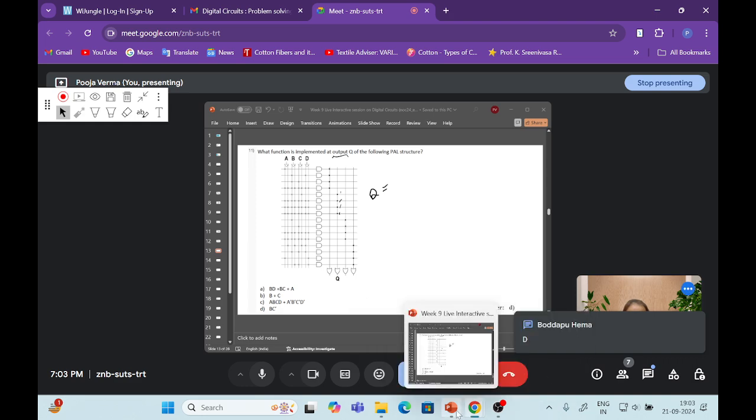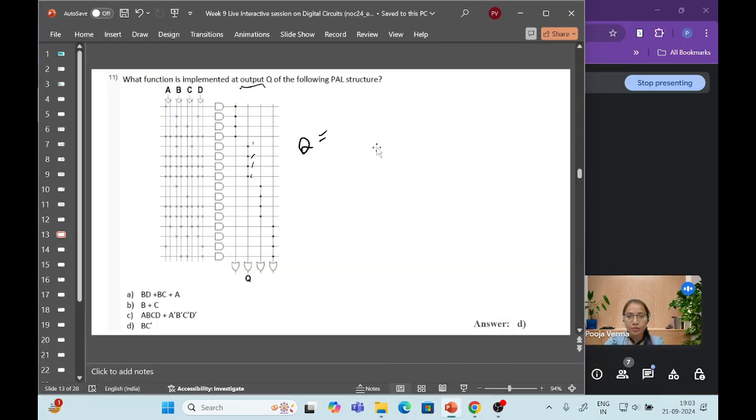D is the correct one, but how can we get it? Check from the corresponding dots. So this is B and C dash, the output of the first AND gate. That is B C dash. Now this one is A dash, B dash, C dash, D, which will be cancelled out.